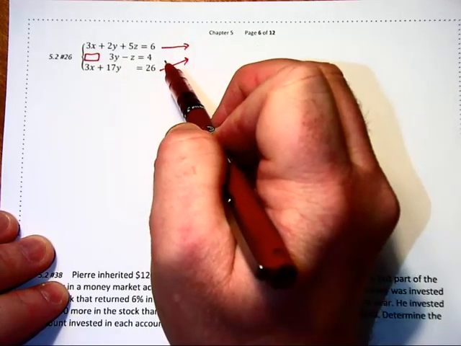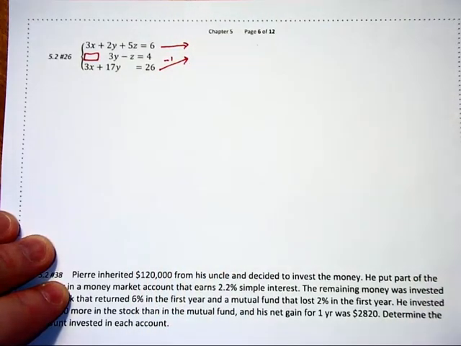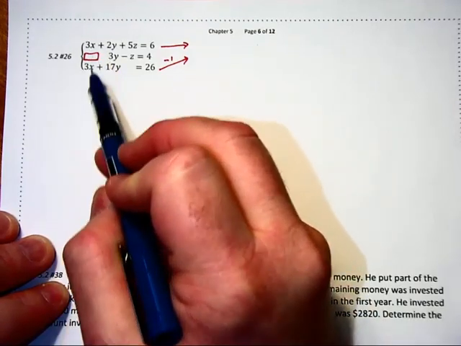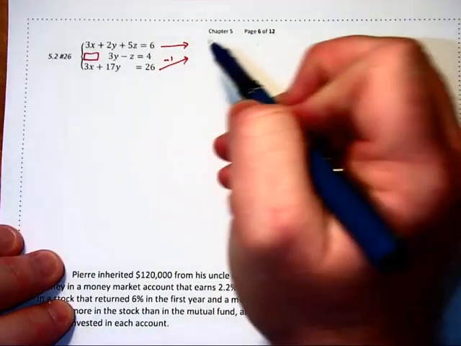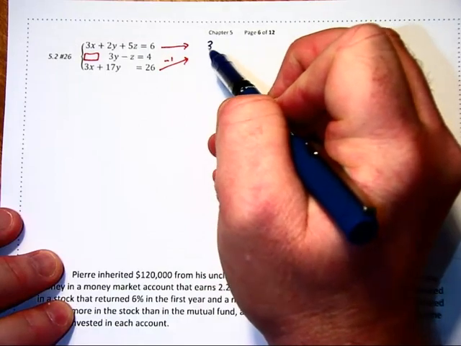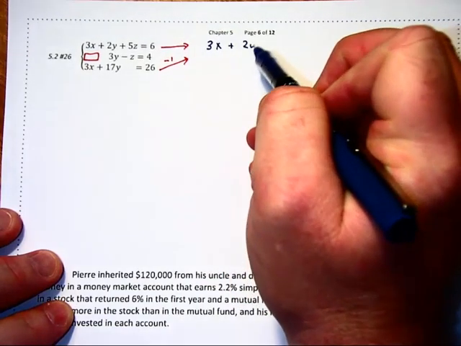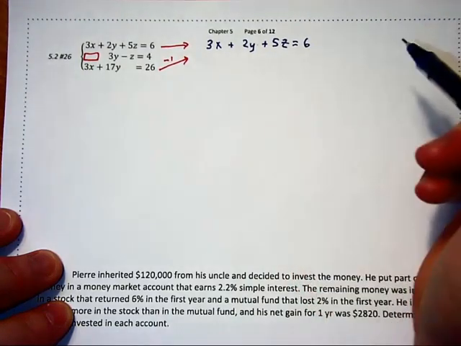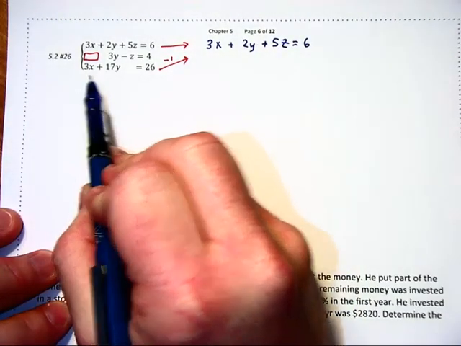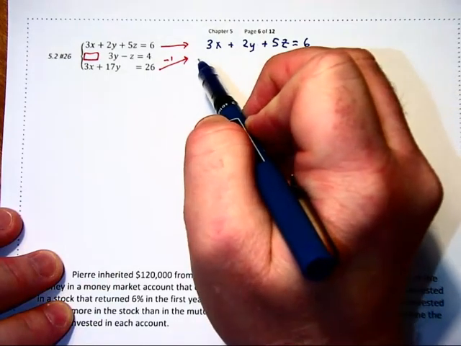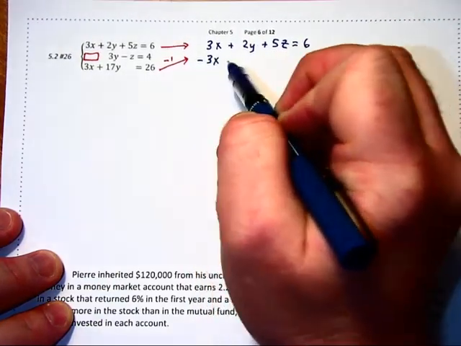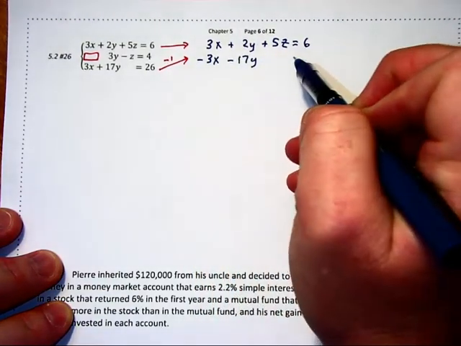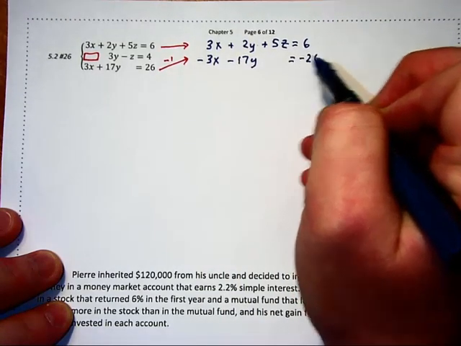And I'm going to multiply that bottom equation by -1 so that we will have opposites on the 3 x's. So the first equation sliding over gives us 3x plus 2y plus 5z is equal to 6. No changes there. And the second equation multiplying through by -1 gives us -3x minus 17y equals -26.